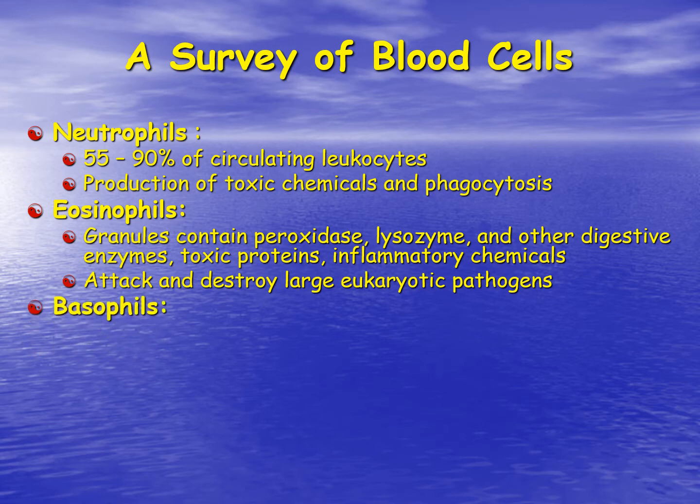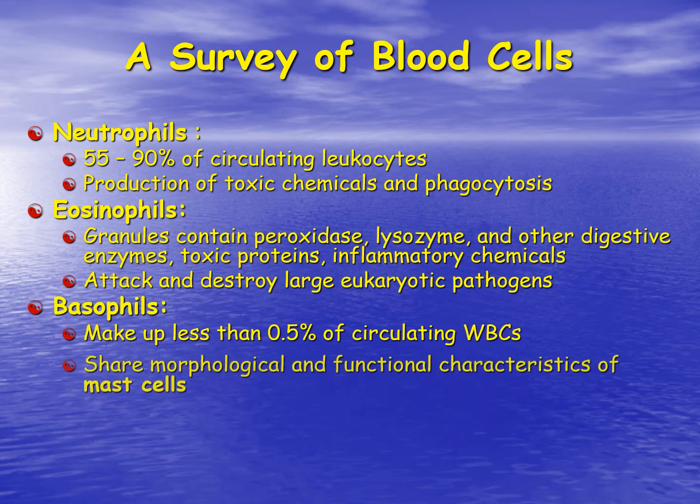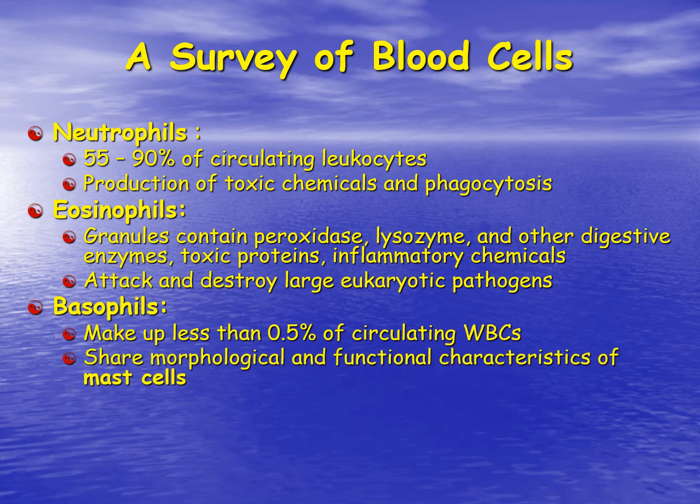The basophils are the least numerous in circulating white blood cells. They share the morphology and functional characteristics of mast cells that are found within all connective tissues except for the blood. And so we believe that actually the basophils are going to be the driving cells of inflammation within the blood itself.